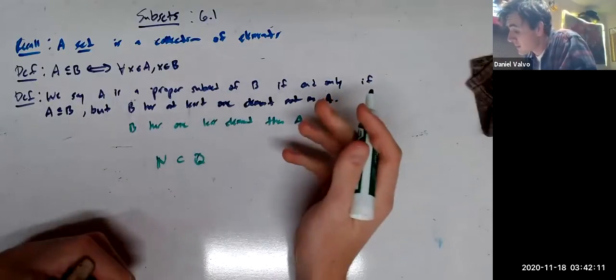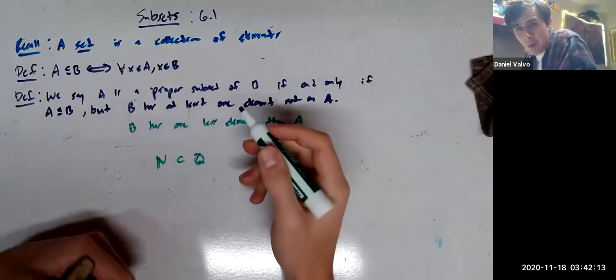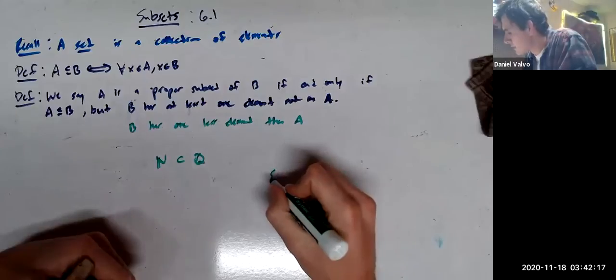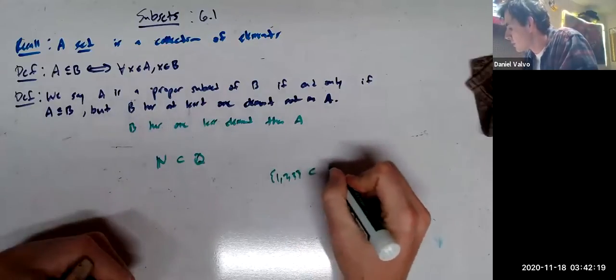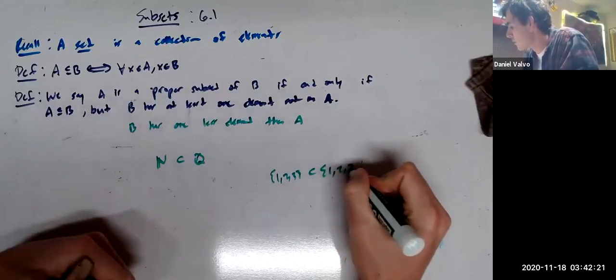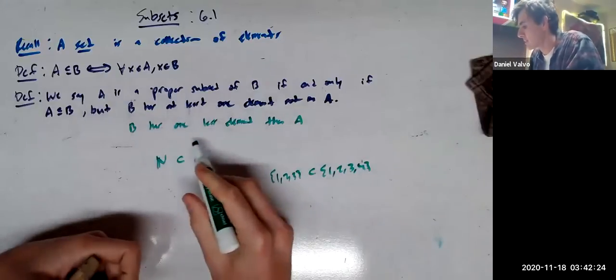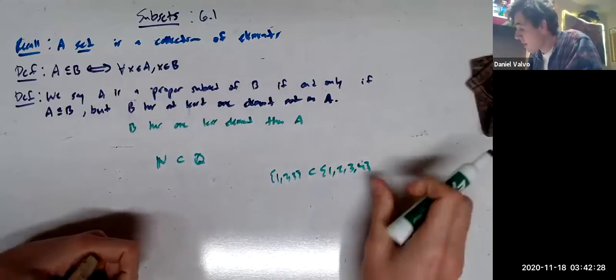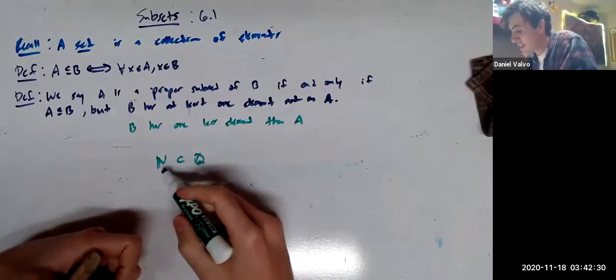But the issue is Q and N are both infinite, right? For finite sets, like saying that 1, 2, 3 is a proper subset of 1, 2, 3, 4, it makes sense to talk about one less element. This says 3 elements, this says 4 elements, so this has one less element. But in this case, they're both infinite.